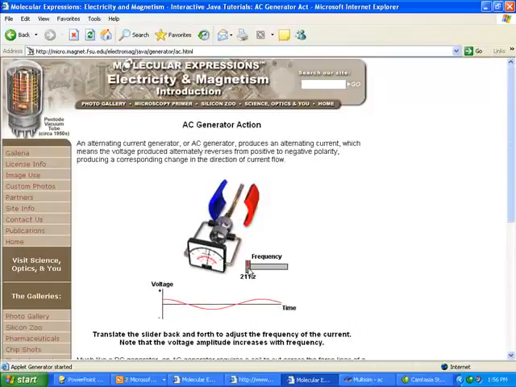If we were to increase the frequency here, increase the speed of the coil, you'll notice that the faster this coil turns, the larger the sine wave. And it isn't just that the frequency increases, actually the amplitude, the actual voltage, is increasing.